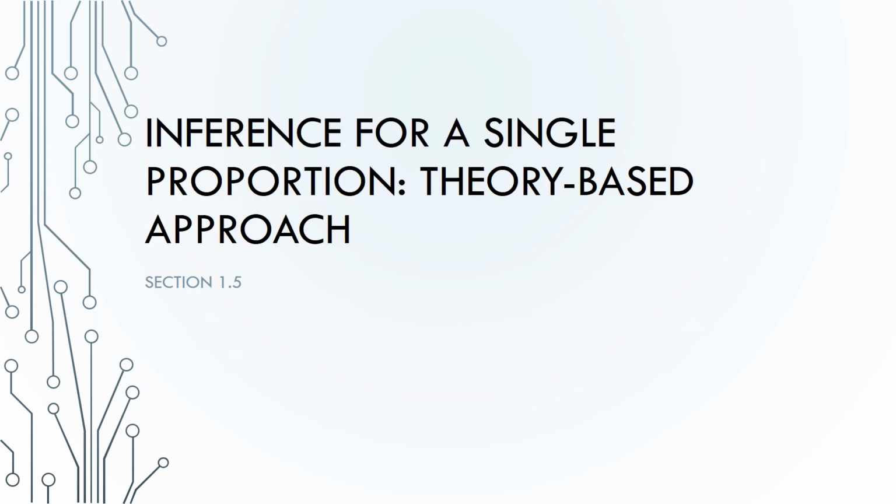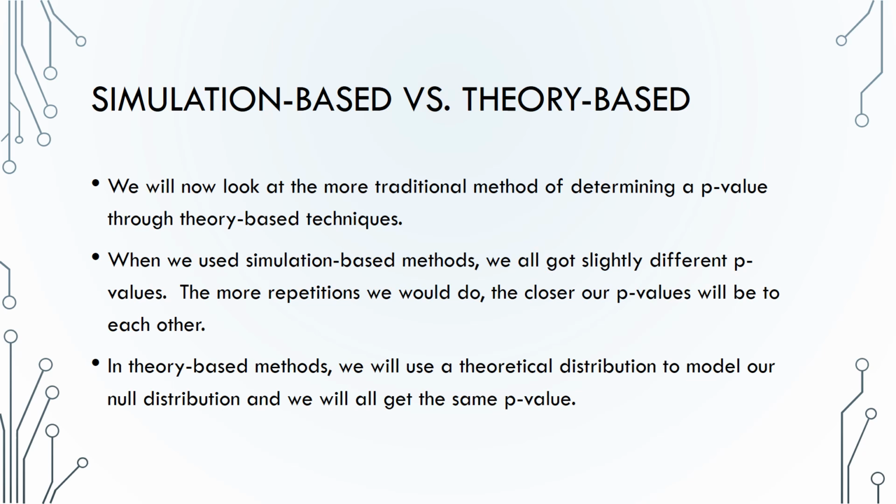In Section 1.5, we will start talking about theory-based methods for hypothesis testing about a single proportion. Not long ago, we did not have the computer technology to create all of these simulations easily. It could take hours, if not days, for a computer to simulate 1,000 repetitions of 457 coin flips.